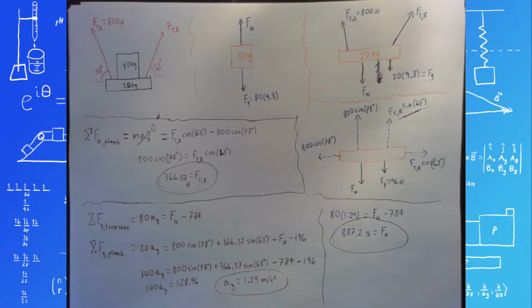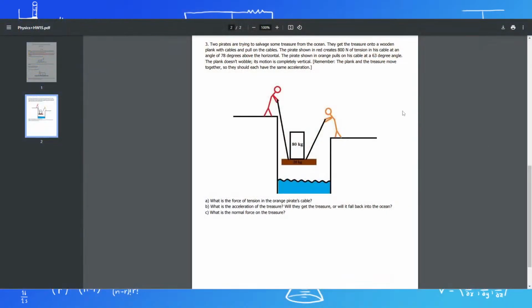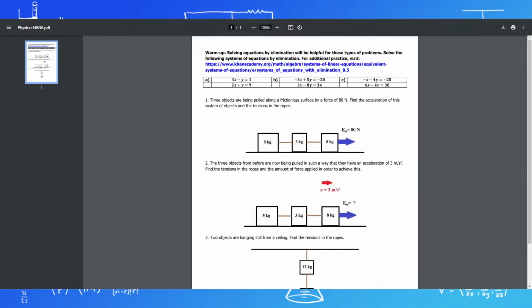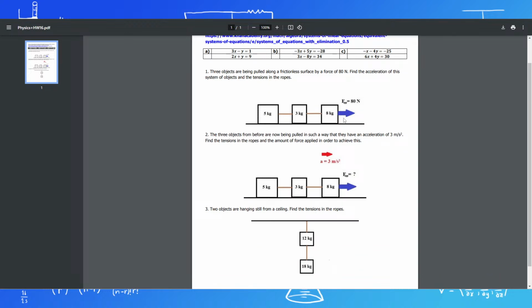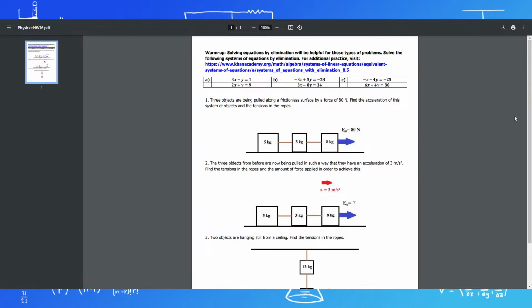So next up, let me switch screens over here. I want to introduce some more problems involving systems of objects, in this case involving the tension force. So we've talked about the tension force before. It's always a pull, it's never a push.